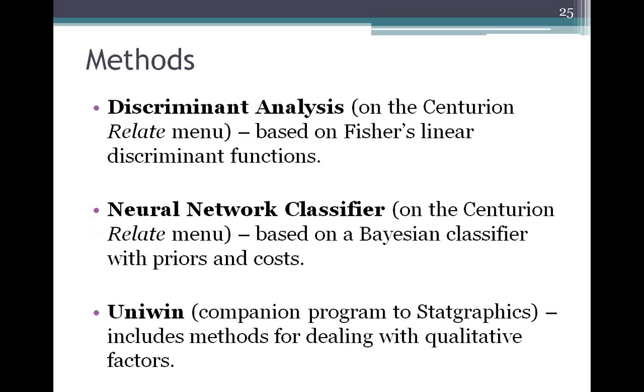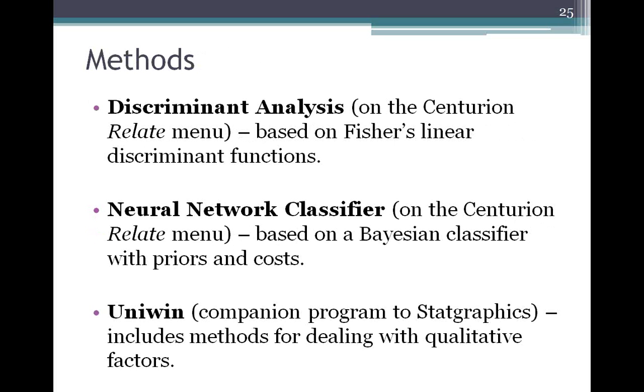As you can imagine, the cost of deciding that someone is creditworthy when they're not is likely to be different than deciding they're not creditworthy when they really are. So one nice thing that the neural network classifier introduces into the problem is costs.